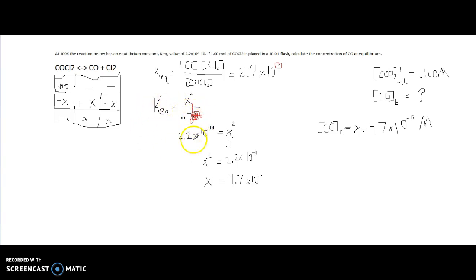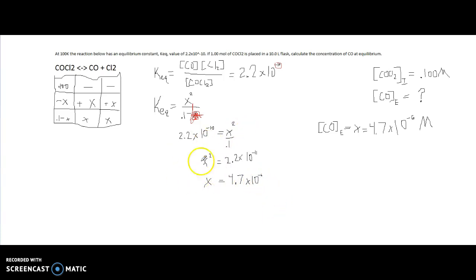So you plug in your KEQ value, 2.2 times 10 to the negative 10th, equals x squared divided by 0.1. When you multiply by 0.1 on both sides, you get x squared equals 2.2 times 10 to the negative 11th power. Then you just take the square root, and you end up getting x equals 4.7 times 10 to the negative 6th power. So there's your x value.